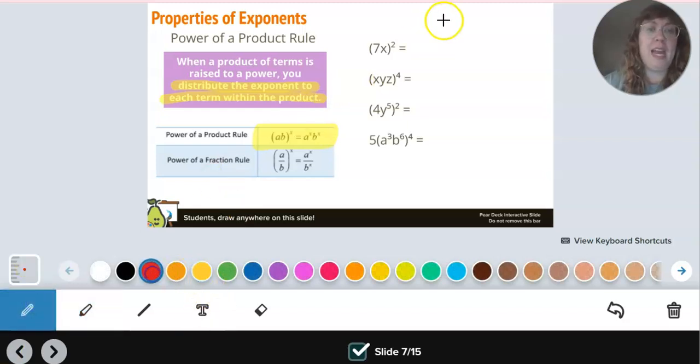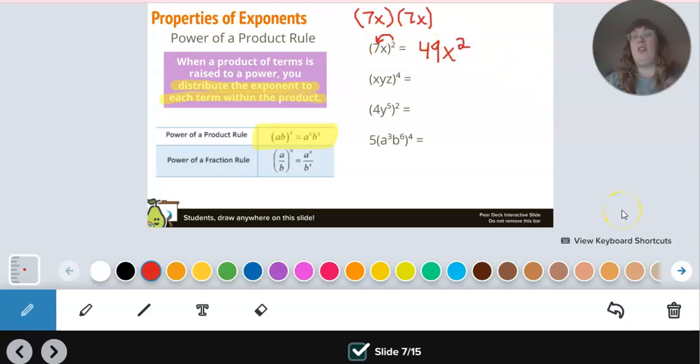So when we have 7x squared, remember this is 7x times 7x, right? So the 7 is squared, there's 2 of them, which gets us 49, 7 times 7, and the x is squared, right? Because they're all in the parentheses, each part of the product is getting that exponent.